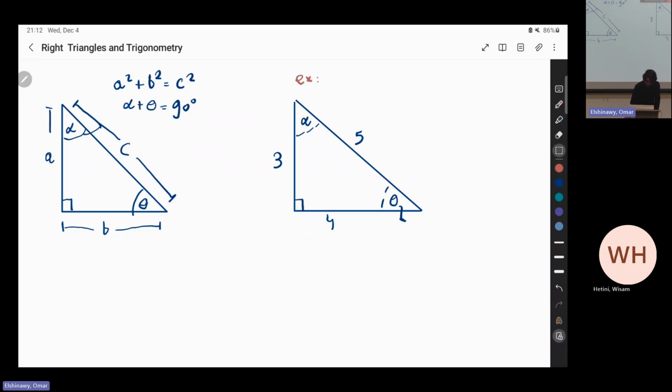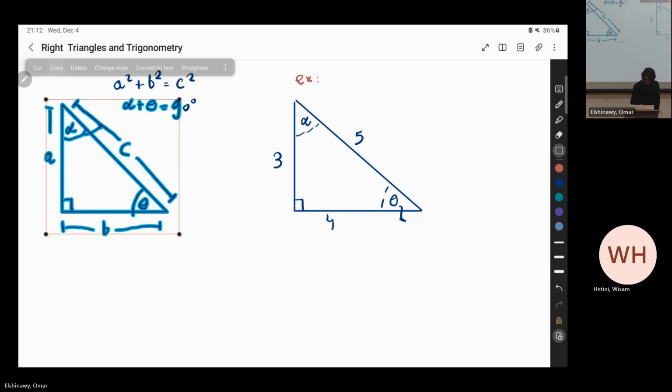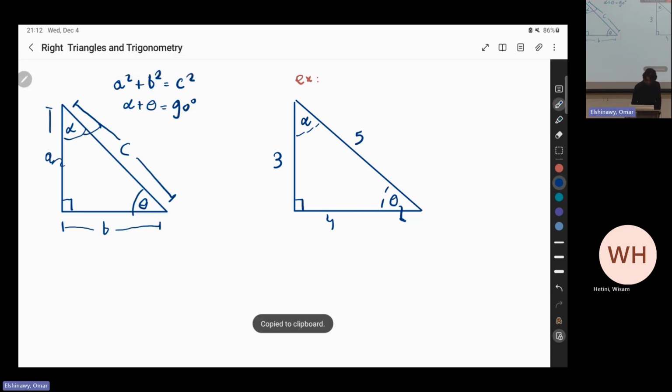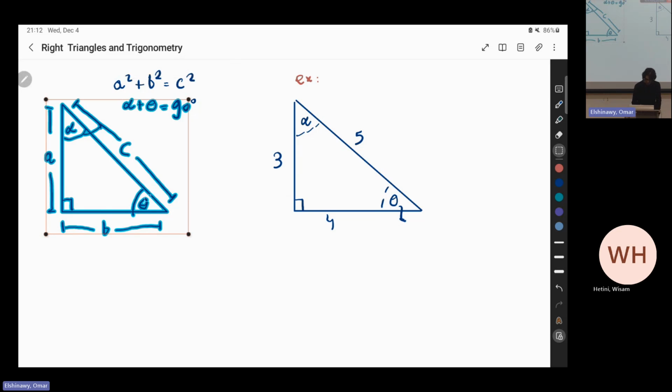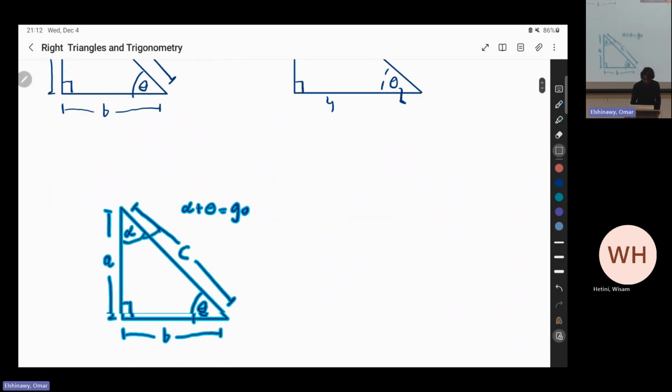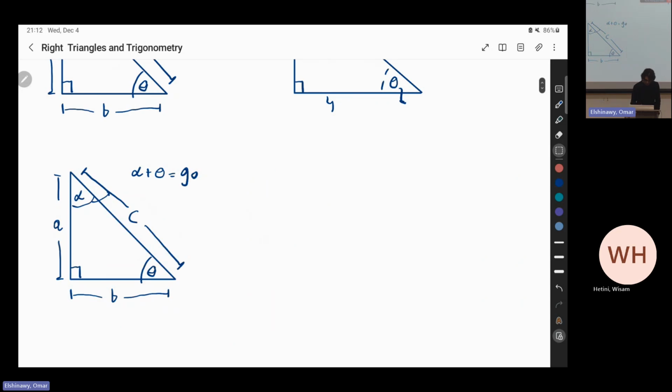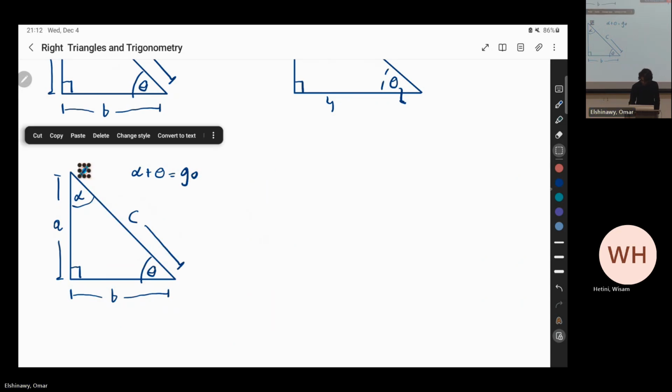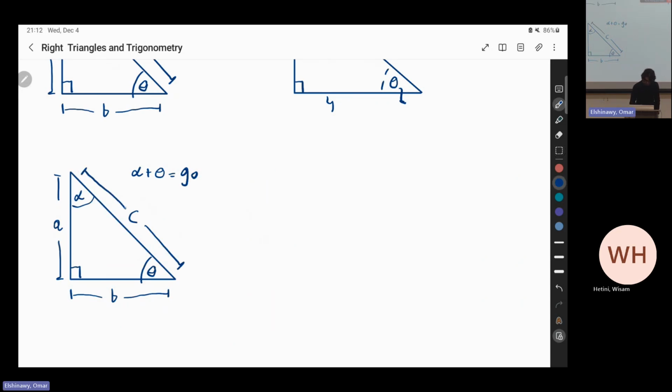So if I take the exact same triangle again, paste it here, I'll define some ratios, some trigonometric ratios. I'll just need to talk about theta because in the end, alpha is just 90 minus theta.